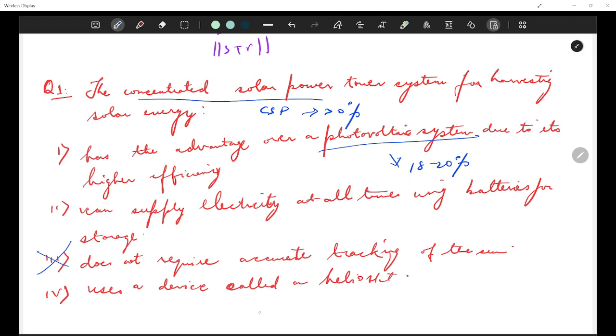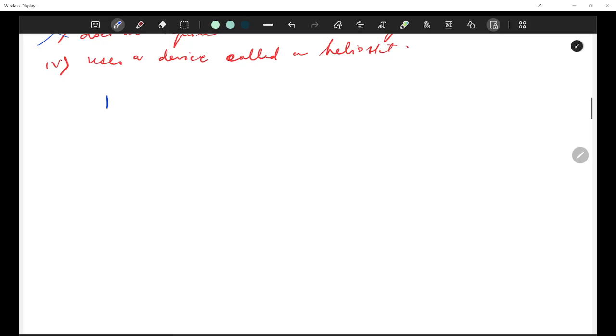Conceptually, I think I should write this because it is important. If we compare the efficiency, PV is 18 to 20%, and for CSP towers it is 30% or more.